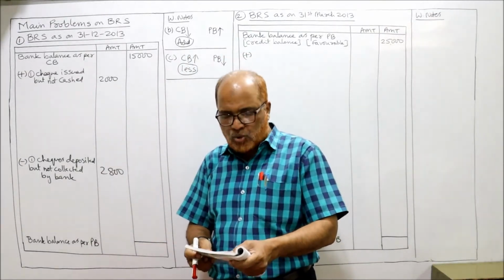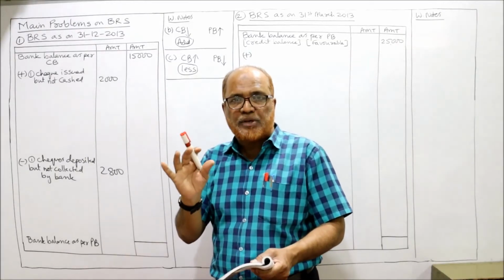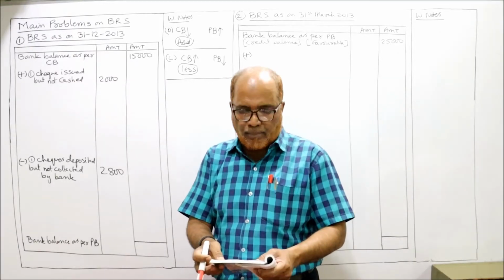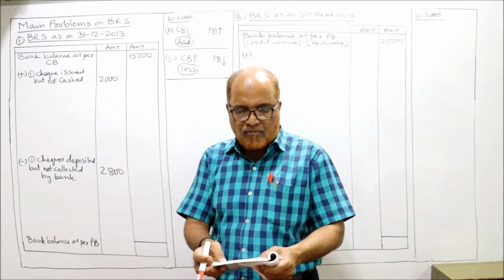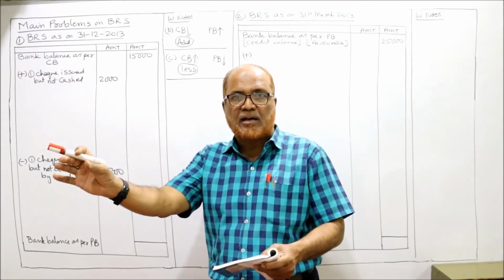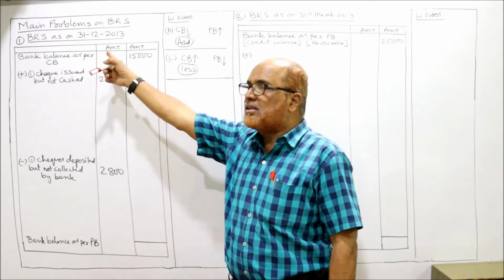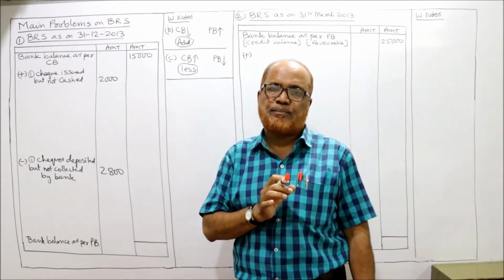A check for rupees 1200 which was received from a customer was entered in the bank column of the cash book in December 2013. But the same was paid into bank in January 2014. We are preparing this BRS as on 31st December 2013.